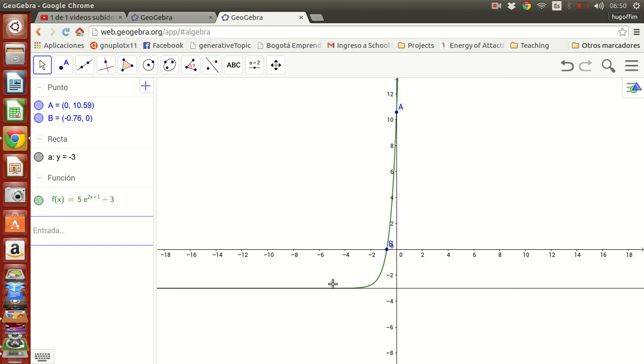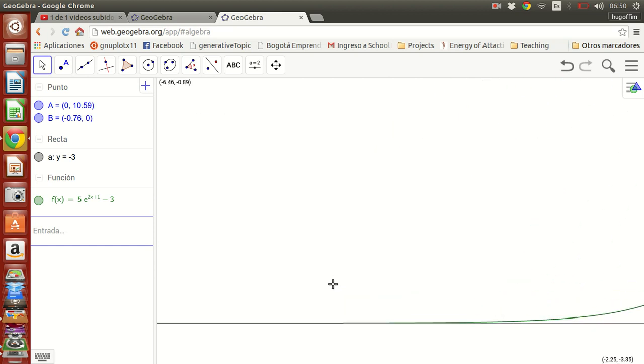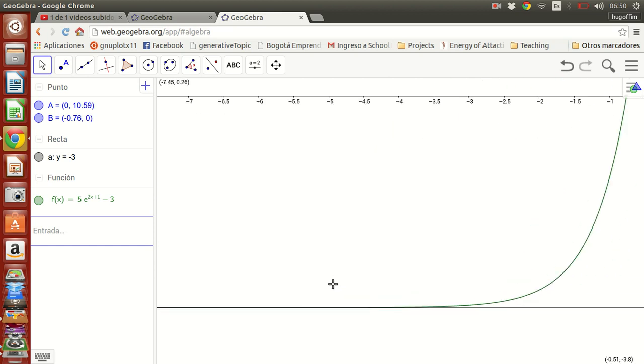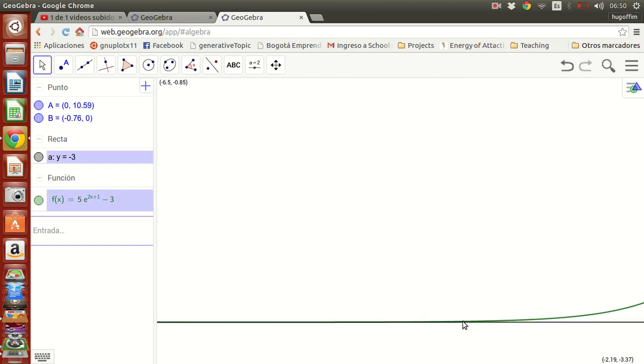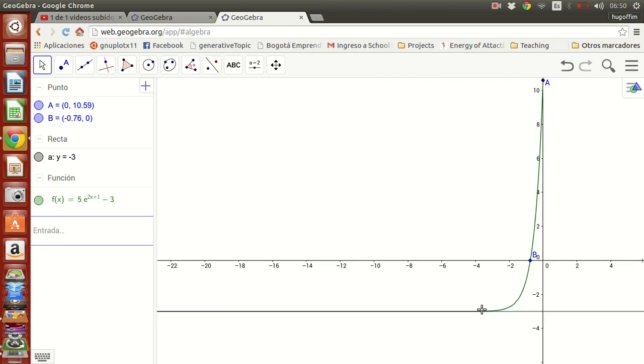You have to be very careful here because the function is not actually touching the asymptote. It's really close to the asymptote, but it's not passing through it. And this is how you sketch an exponential function. I hope that you enjoyed the video and that you understand how to sketch an exponential function. Thank you for watching.